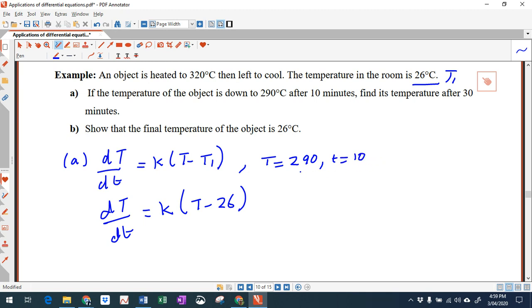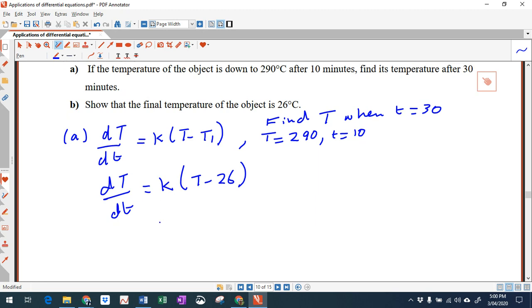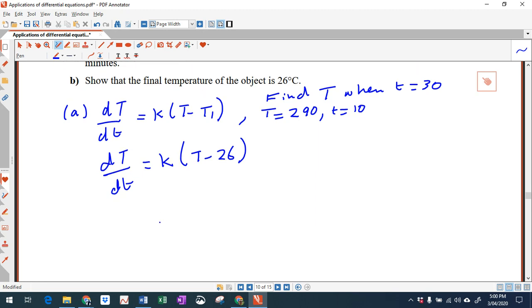And we've got to find the temperature T when t = 30. So that means we need a formula for T, and we're going to get it from the differential equation.